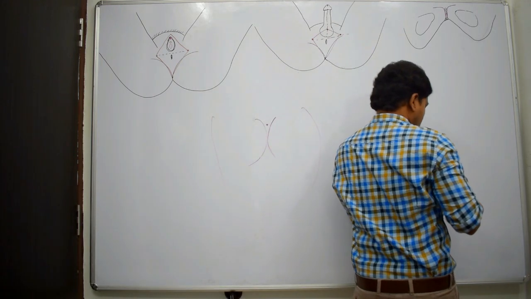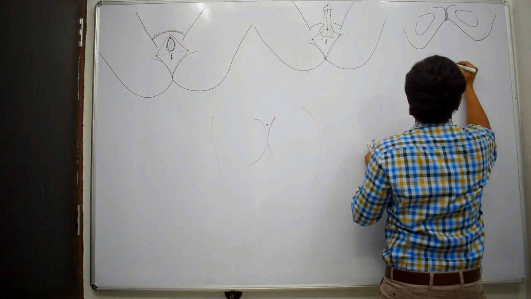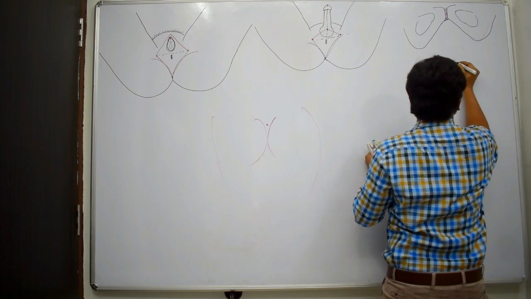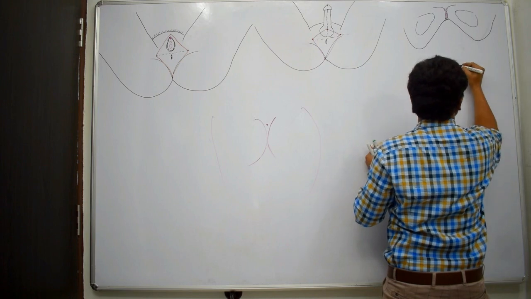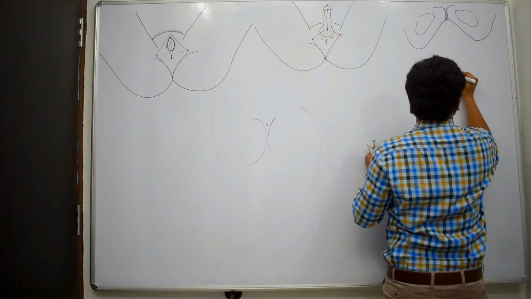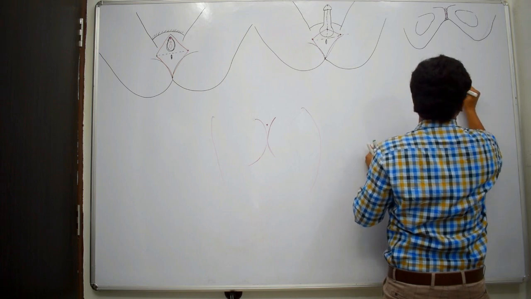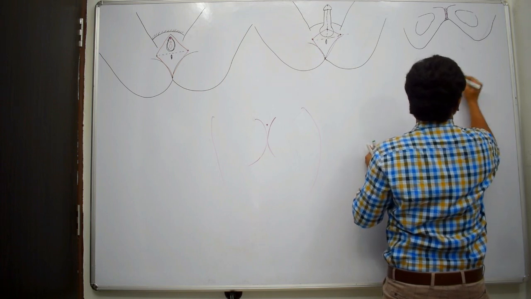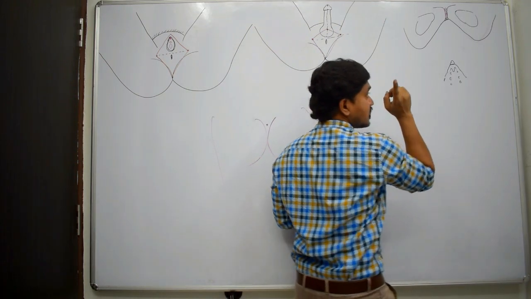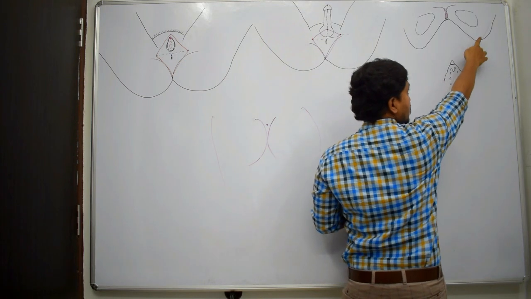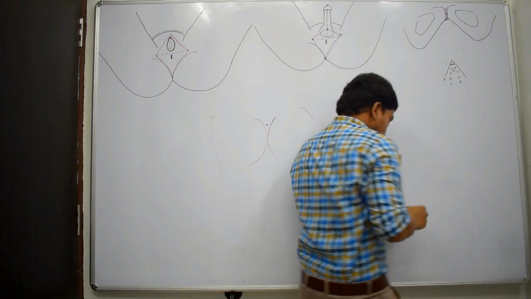Posteriorly and posterolateral part, here this is the coccyx, the tip of the coccyx. The coccyx will be articulated with what? The apex of the sacrum. So this is the sacrum. This is the sacral hiatus, and here the dorsal sacral foramen. So this is the sacrum. There will be one ligament which is stretching from the sacrum to the ischial tuberosity. What is that ligament?